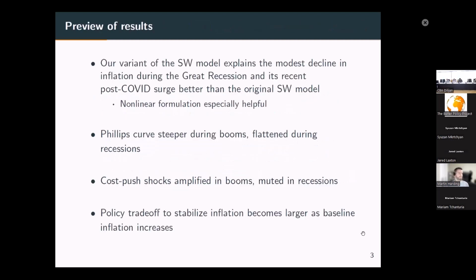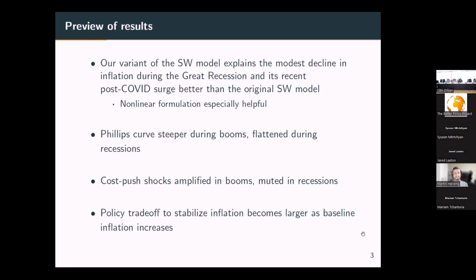Okay, so let me just guide you through our main results in a nutshell. The main argument of the paper is that our variant of the Smets-and-Wouters model explains the modest decline in inflation that we saw during the Great Recession and its recent post-COVID surge better than the original Smets-and-Wouters model.